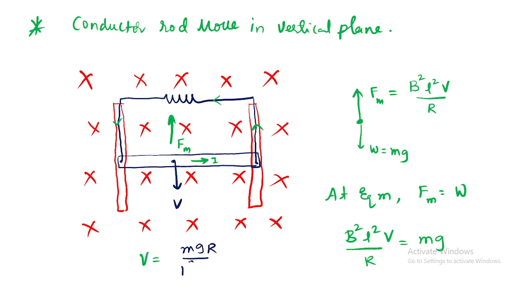And then B square and L square. Got it? L is the length of the rod.